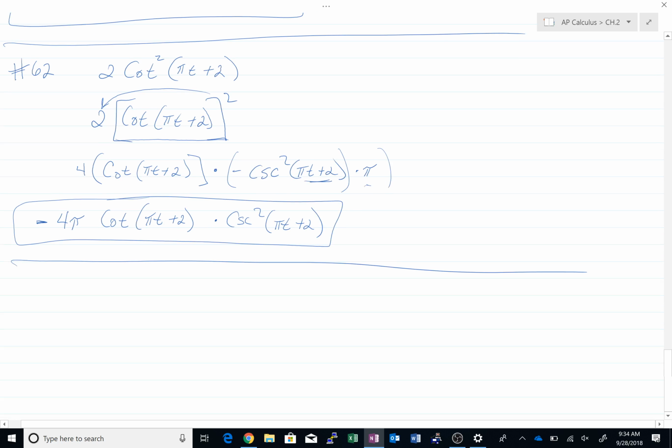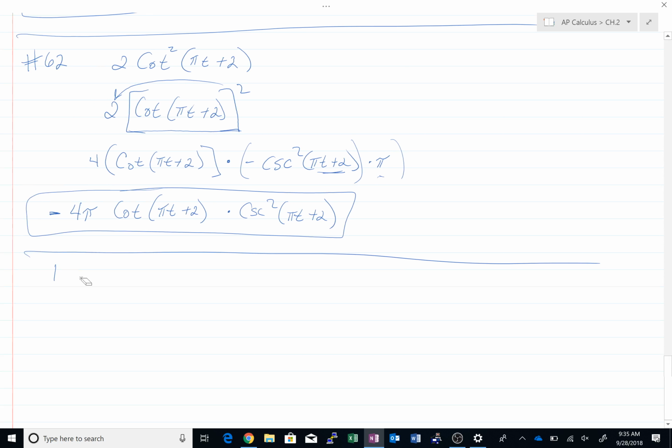All right, let's do another one. How about 66? And I'm going to let you all try this one first. Everyone try number 66. If you don't have it in your thing, here it is. I'll just write it out. It's sine of the cube root of x plus the cube root of sine of x.